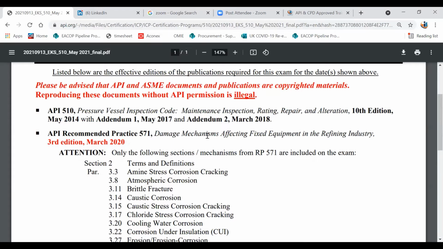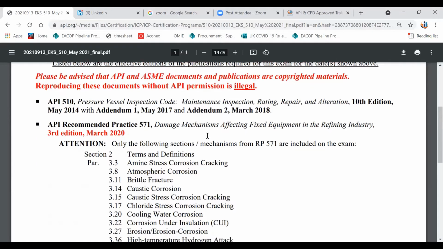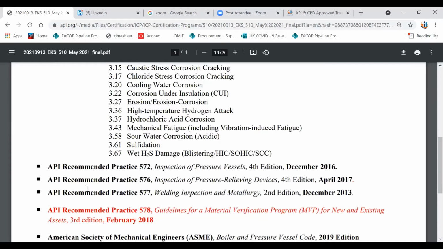This is the must of the inspection, that's why they call it a code. And API 572, which is a recommended practice, tells you how to do the inspection.